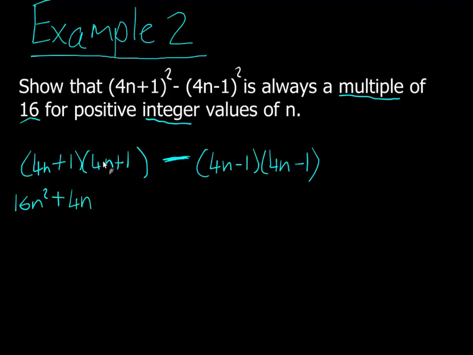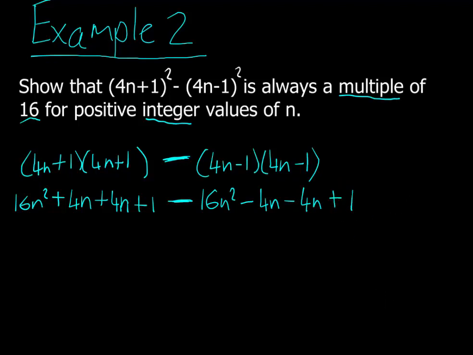Then we're going to get another plus 4n, and then a plus 1. Again, big minus sign to help me remember. I'm taking away this whole side. If we expand that, we're going to get 16n squared. 4n times 4n. 4n times minus 1 is minus 4n, minus another 4n from 4n times minus 1, and then a plus 1.